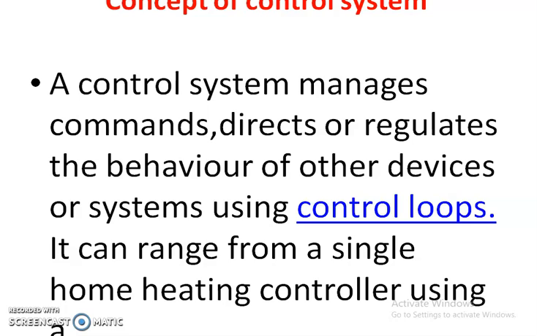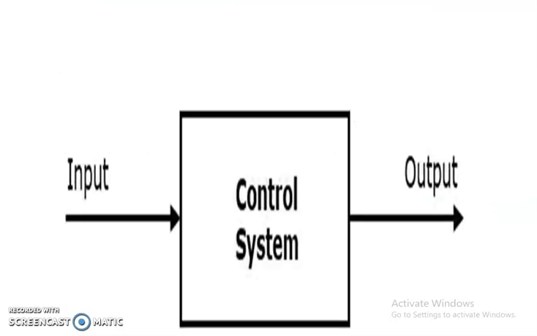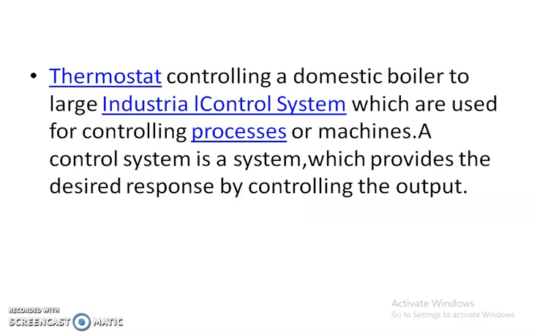It can range from a single home heating controller using a thermostat controlling a domestic boiler to large industrial control systems which are used for controlling processes or machines. Here, one is input, the middle one is the control system, and output is represented here. A control system is a system which provides the desired response by controlling the output.